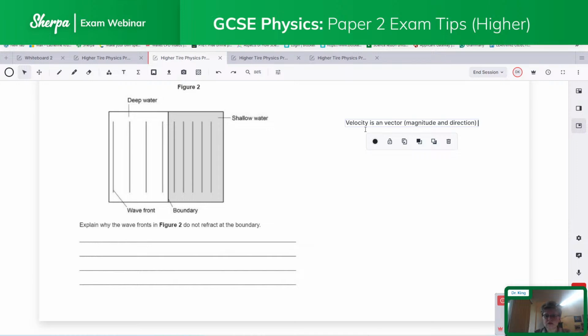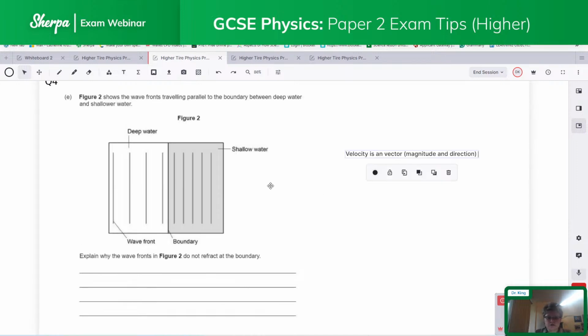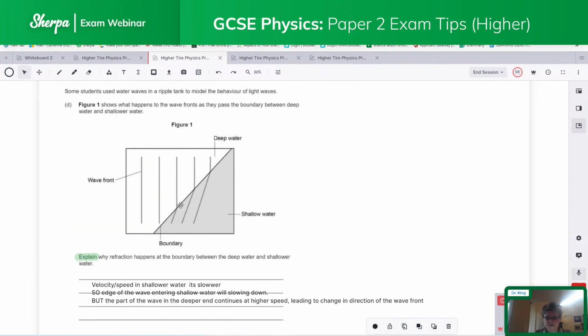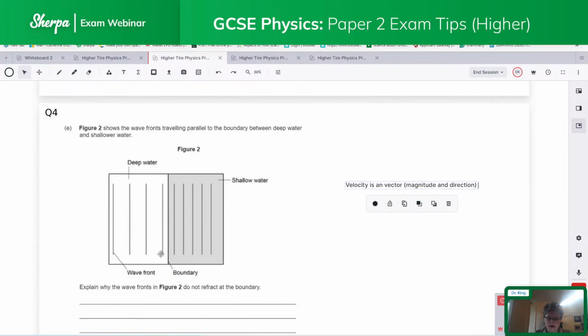So if the magnitude of my wave's velocity changes at the boundary, it will slow down and change direction. If the boundary is parallel to my wavefront, that will not influence direction, because the only change in this case will be the change of magnitude.